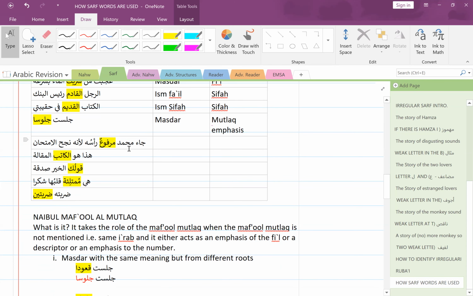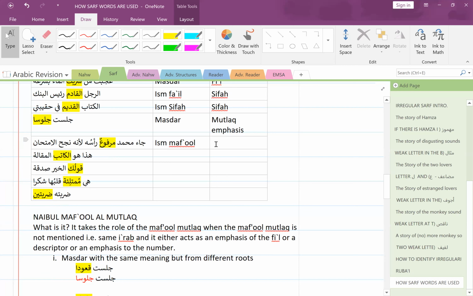جاء محمد مرفوع رأسه. مرفوع is what kind of a word? اسم مفعول. Yes, مرفوع is اسم مفعول. Now we need to ask ourselves, what is this word doing here? جاء محمد مرفوع رأسه لأنه نجح الامتحان. Verb.